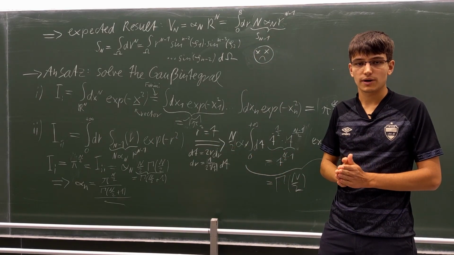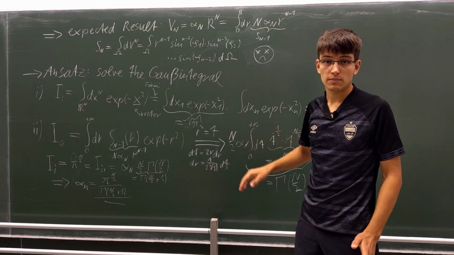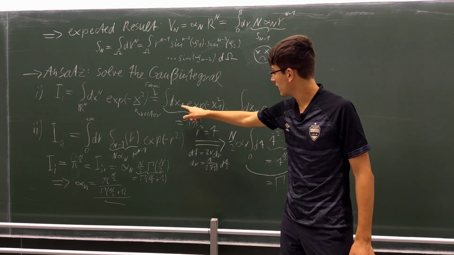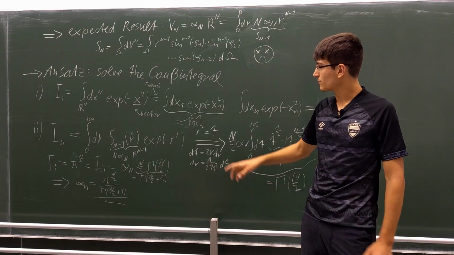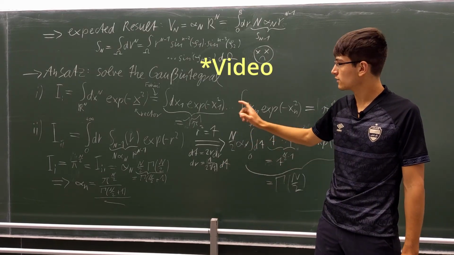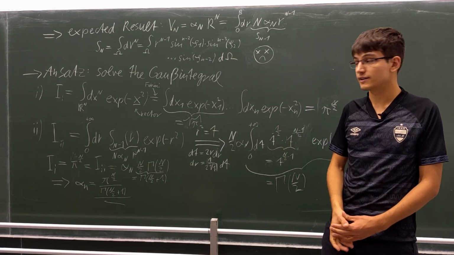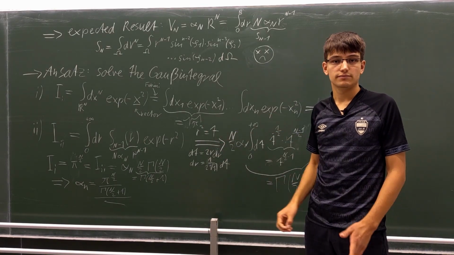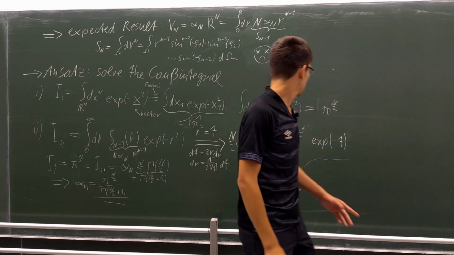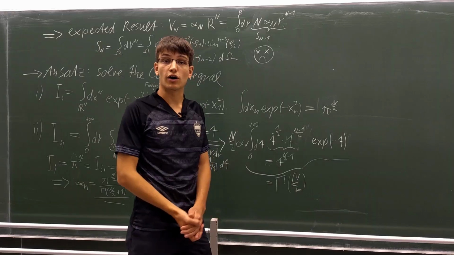Using Fubini's theorem, we can split our integral in separate integrations over x1 to xn. If you watched my previous video, you directly know that the integration of the Gauss integral from minus infinity to plus infinity equals square root pi. And we have n integrals, so our end result is pi to the power of n halves.